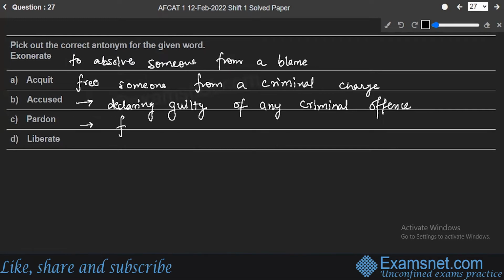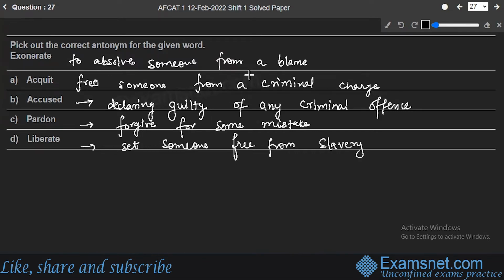Pardon means to forgive, to forgive or to excuse someone for some error or some mistake. Liberate means to set someone free from slavery or imprisonment, something like that.